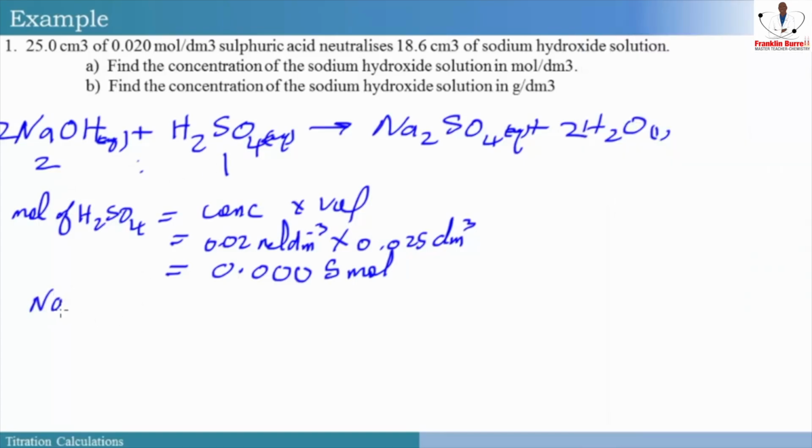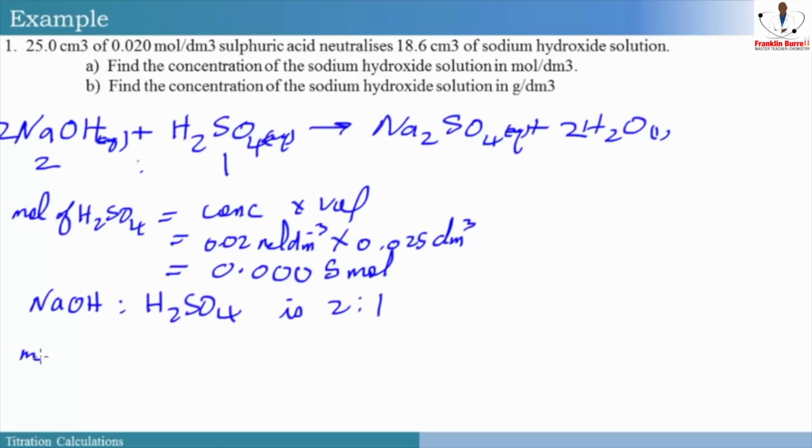So NaOH to H2SO4 is 2 to 1. So we're seeing then that we know the moles of sulfuric acid, so the moles of sodium hydroxide is twice that mole. So 2 times 0.0005 should give me a value of 0.001 mole.